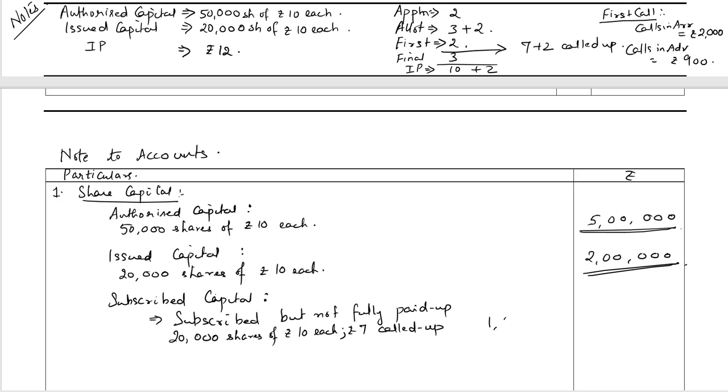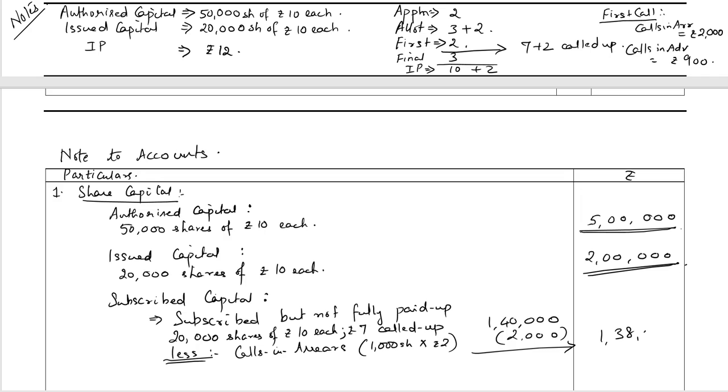The amount 1,40,000 rupees less calls in arrears, already calculated on 1,000 shares at rupees 2 per share, 2,000 rupees. In the outer column we have 1,38,000 rupees, and the amount to be shown against share capital in the balance sheet of the company is also 1,38,000.